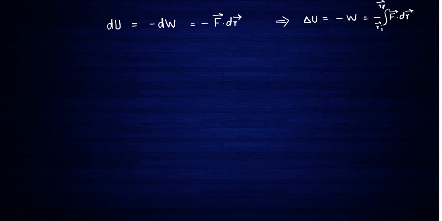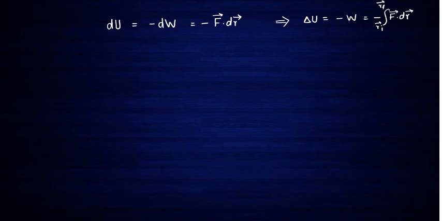Now if we want to find out the expression for force F from the expression of potential energy, then we need to identify whether the potential energy expression is given as a function of r, the radius vector, or it is given as a function of x, y and z coordinates.